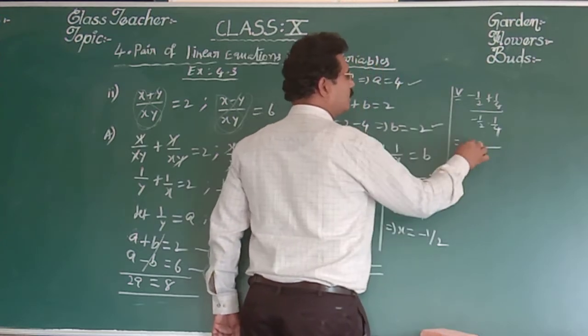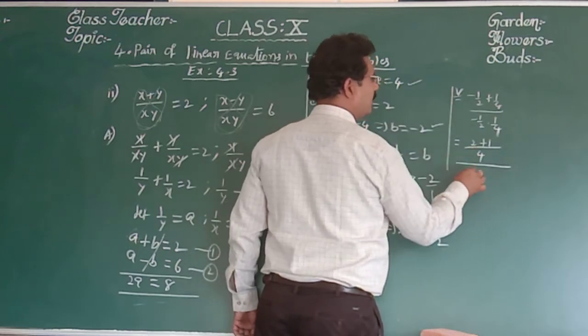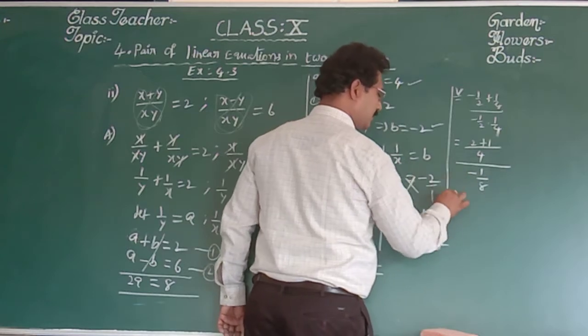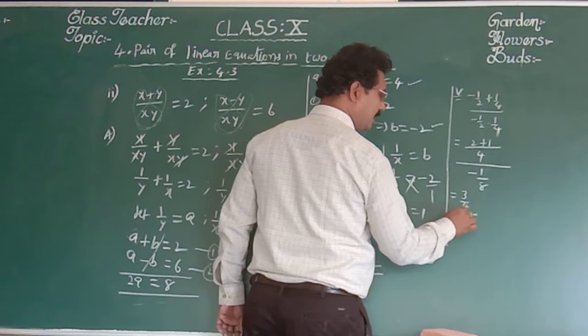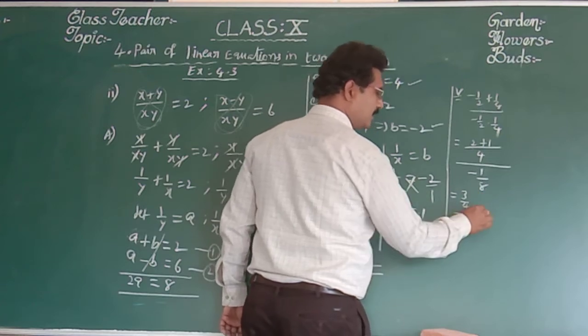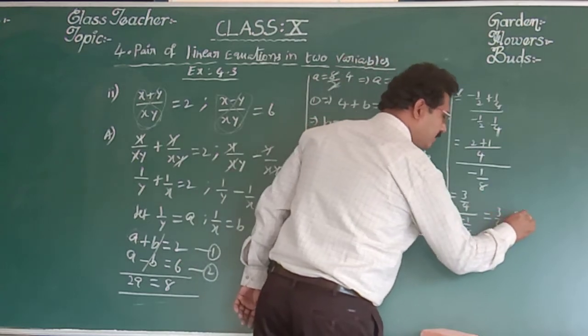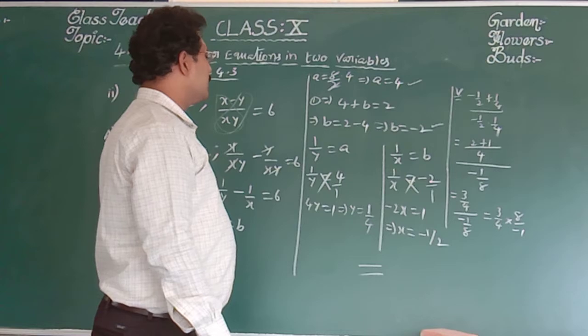That is 4. 2 times 2 plus 4 times 1 is minus 2 plus 1, which is minus 1 by 4. Denominator: multiplication, 2 4s are 8, so minus 1 by 8. So it is equal to minus 1 by 4 into 8 by minus 1.